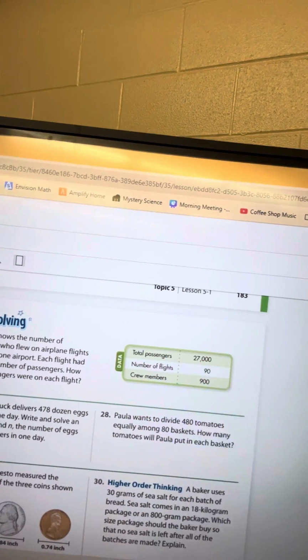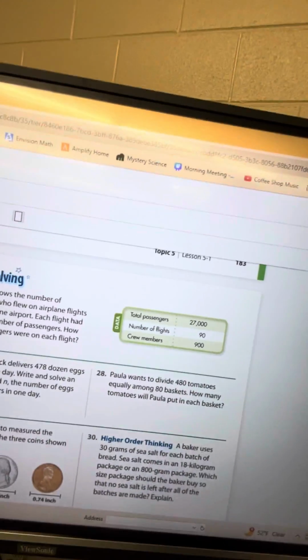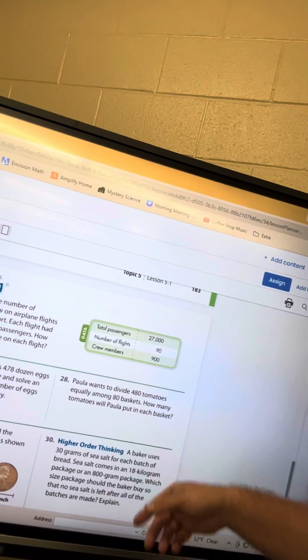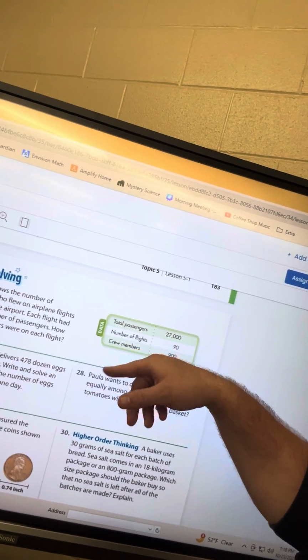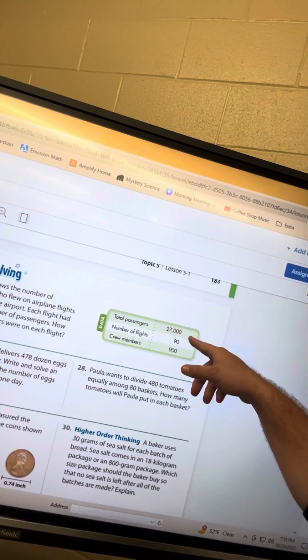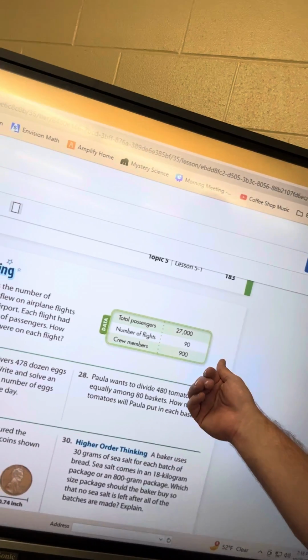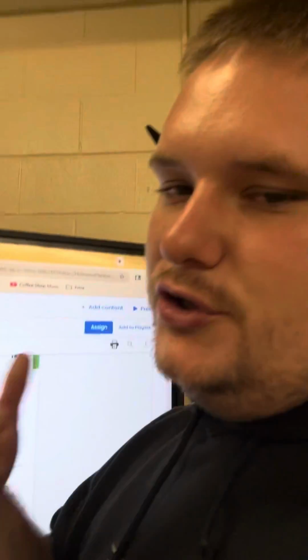See that total passengers were 27,000 with 90 flights, 900 crew members. So that's important. What does it ask for? Each flight had the same number of passengers. So we have to find out how many passengers were on the flights. Give me a second. Mr. Stewart has to think too.